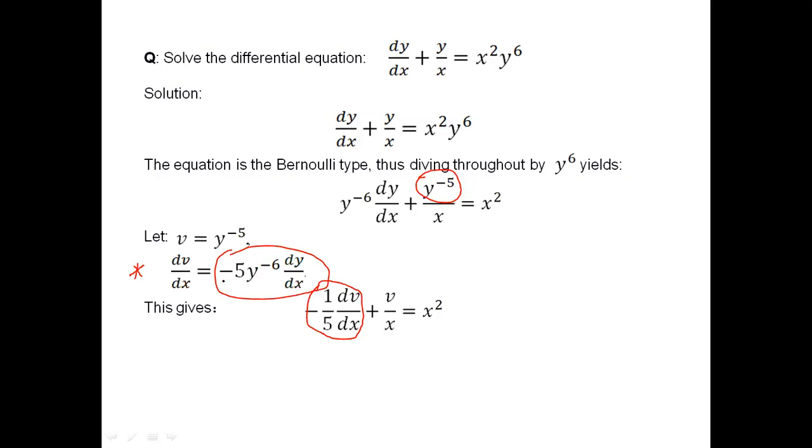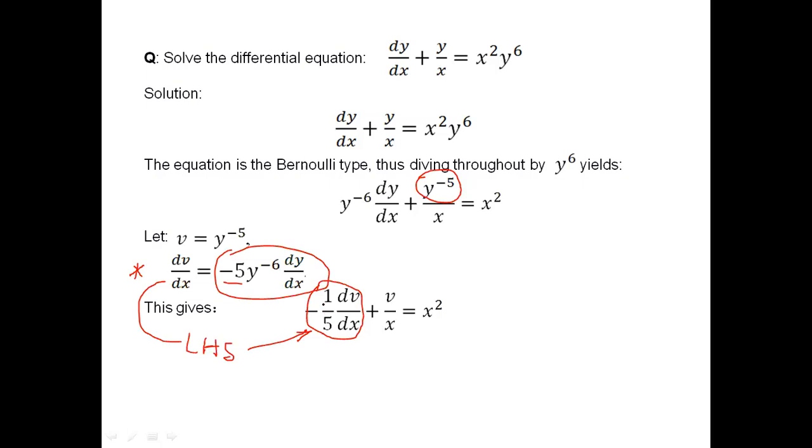After dividing both sides by negative 5, the left hand side will give us this part.